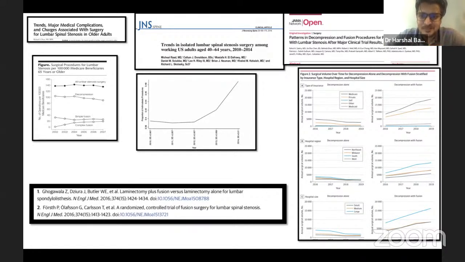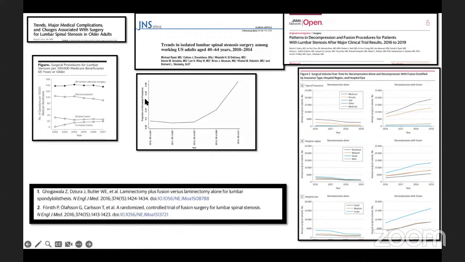But largely, even after these RCTs and everything, the trend is always towards fusion. So this is a very good piece of literature, and that's a trend that has been developing. And I would want an opinion from Sheetal sir, who has seen the growth of spine surgery in the last couple of decades. So, sir, what do you feel? Why more fusions nowadays?